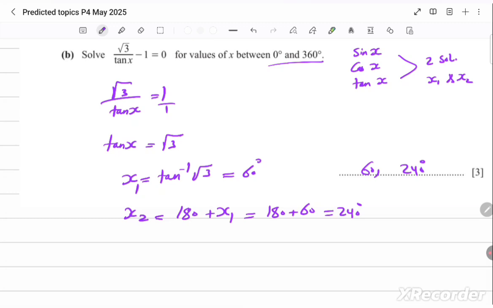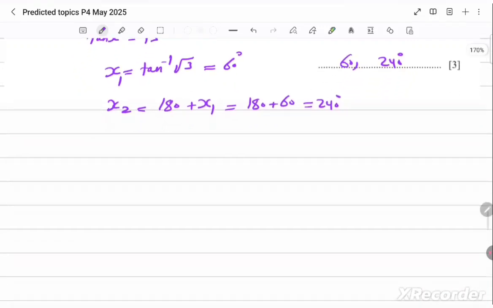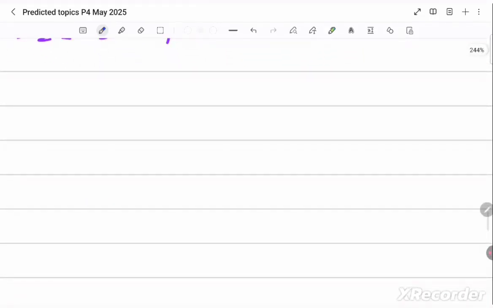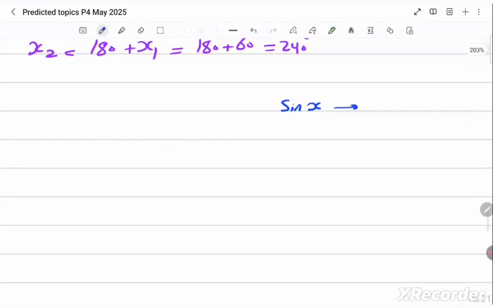Done. Okay. To make it a long story short for you in the exam, especially in this short time, in sine, if you want to find x1 and x2, x1 we already found from the calculator. x2 is 180 minus x1. And take care, if x1 is, for example, negative, you will substitute there, so it will be 180 plus.